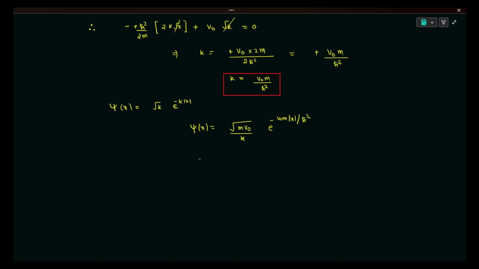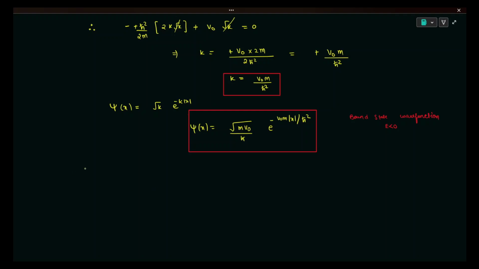So this is the wave function for Dirac delta potential for the bound state. So here E is less than 0, so that the particle is bounded, and this is the wave function in terms of these known parameters v naught and the mass of the particle.